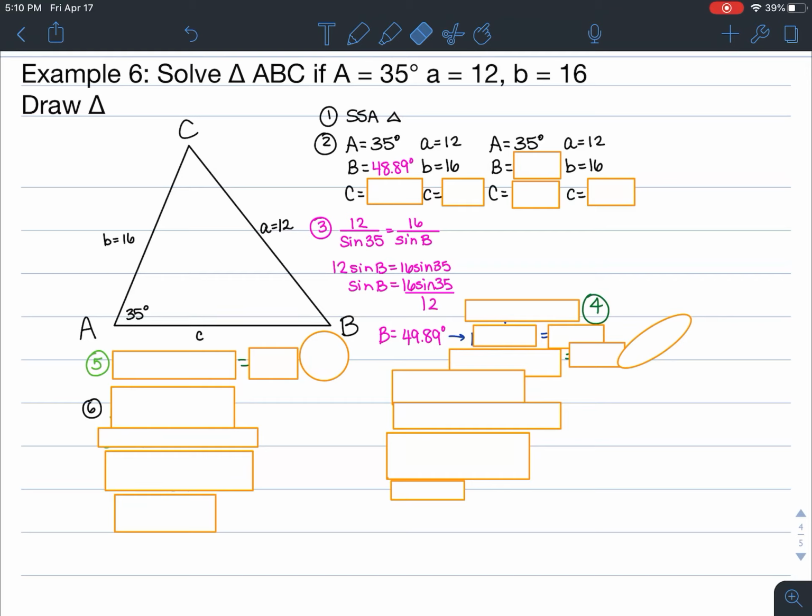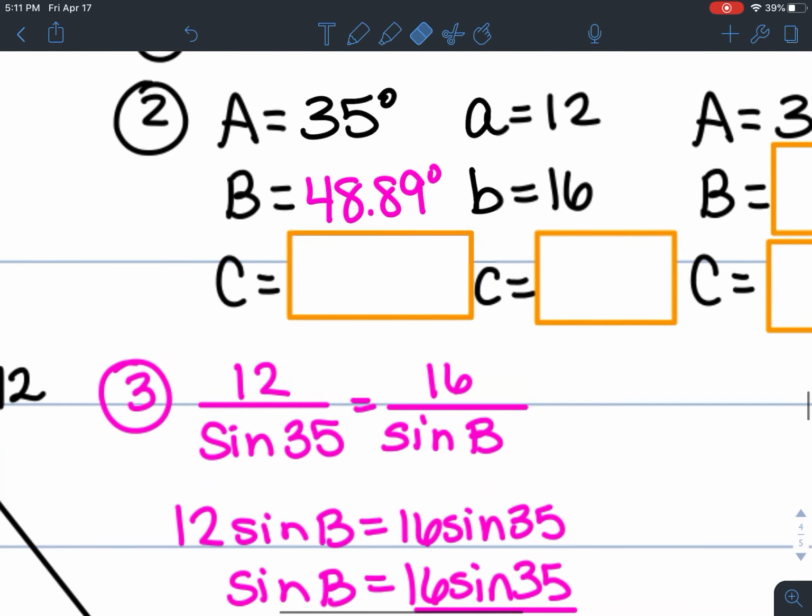And then how do we get the other angle B? We subtract the angle we just found from 180. But I made some kind of error here because I have 49 down here and I have 48 up here. So let me just double check, see which one it really is. It is 49, it is not 48.